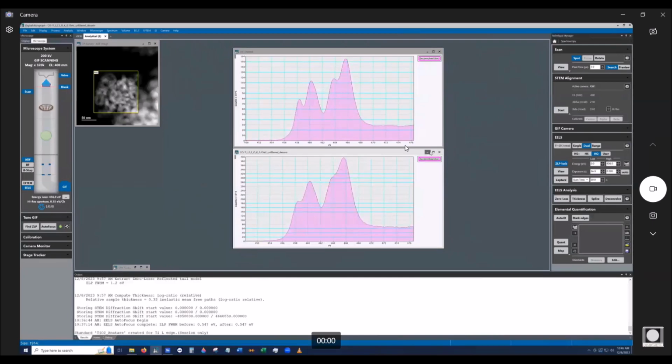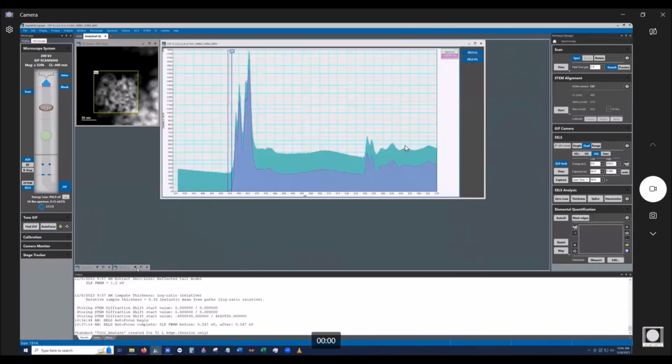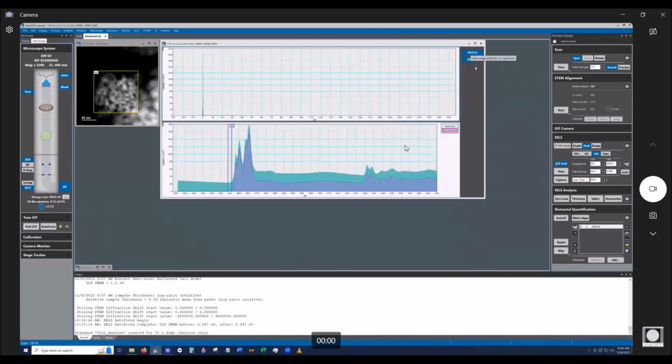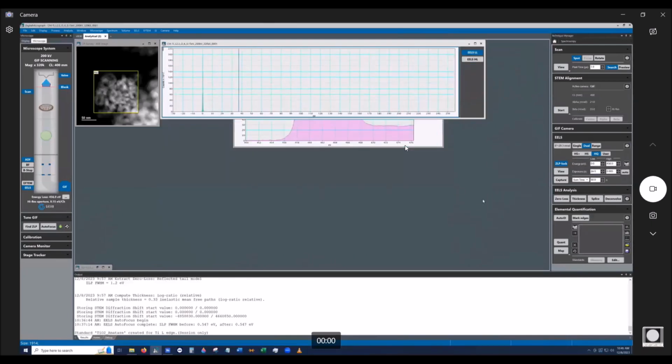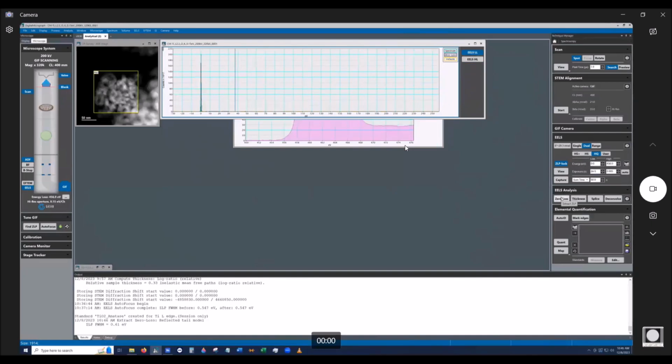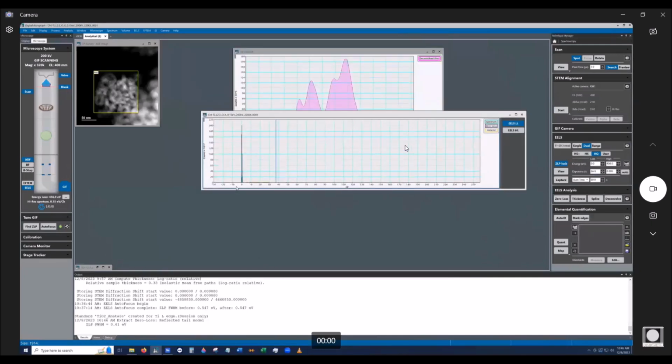So now I know if we go back to, let me minimize this one. If we go back to this guy and we look at the low loss, sorry, and we do zero loss. So it's telling us the full width half max is point. It should be a lot less than this. Part of the reason for that, of course, is that it's using the full dispersion here.